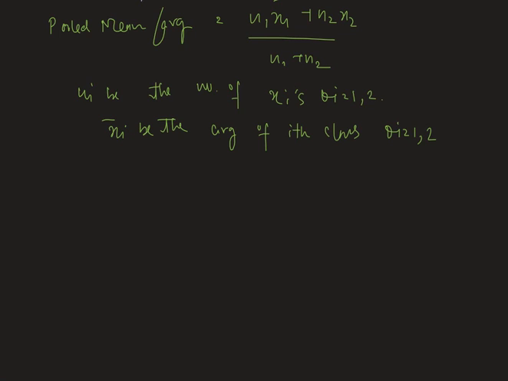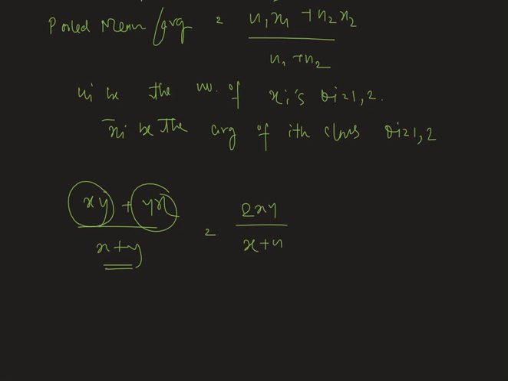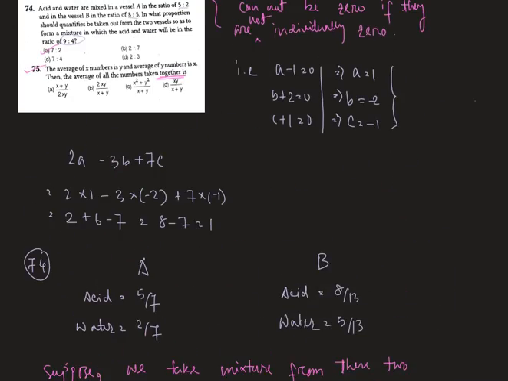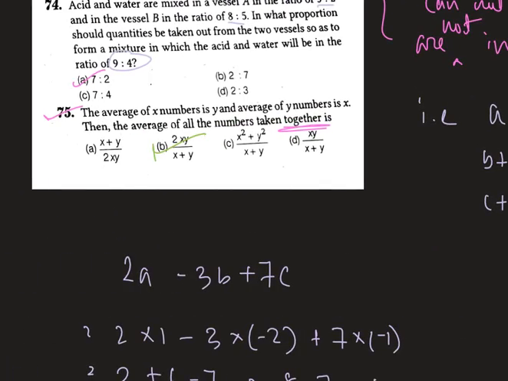Now here we have the average y for x numbers, therefore we can write in place of the pooled mean that (x into y plus y into x) divided by (x plus y). It is nothing but n1 x1 bar where y is the average of x numbers, and here we have n2 x2 bar where x is the average of y numbers and the total number is x plus y. So our required answer is 2xy divided by (x plus y). Hence option B is the correct answer.